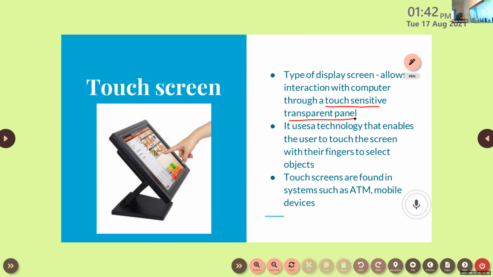It uses a technology that allows the user to touch the screen with their fingers to select an object. If we want to select an object, we do it with the help of a finger, right? Touch screens are found in ATMs, mobile devices, and many other devices.